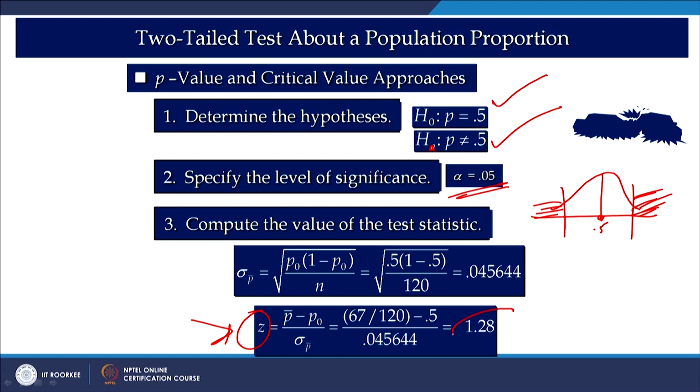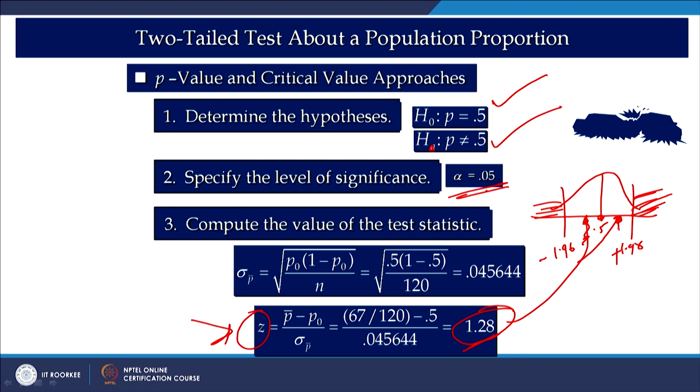Z calculated is 1.28 and what would be the table value of Z? Of course, it would be 1.96, because the significance level is 0.05. So, this is minus 1.96, this is plus 1.96, and the calculated value is somewhere here, 1.28. Will you reject or not reject the null hypothesis?